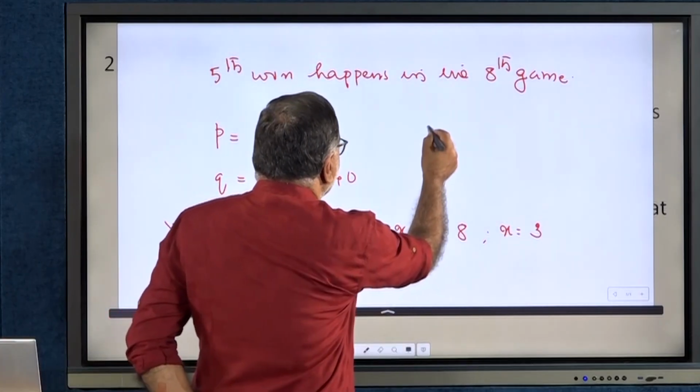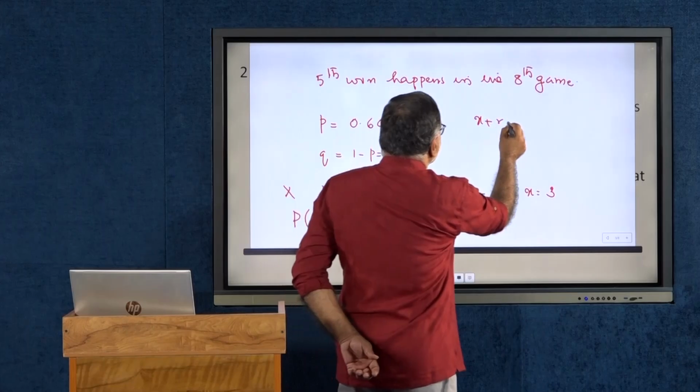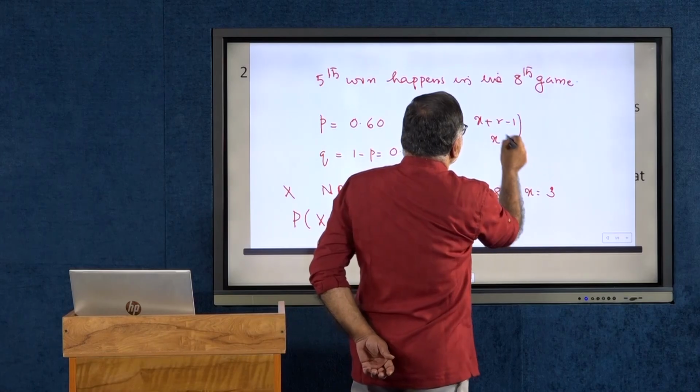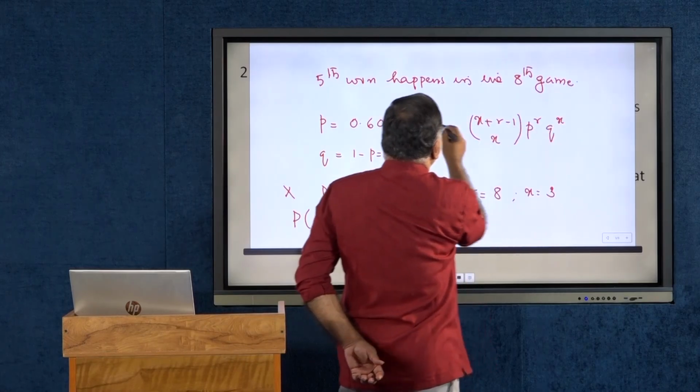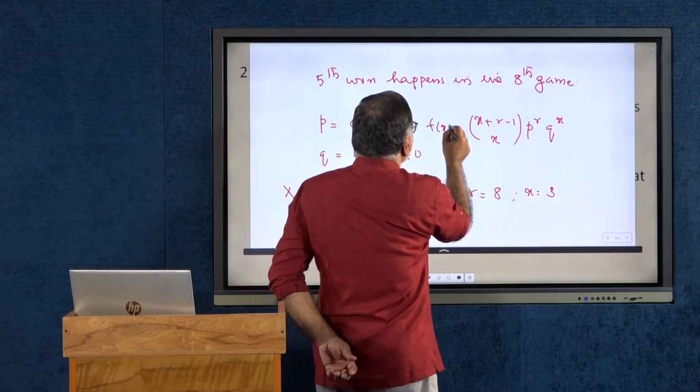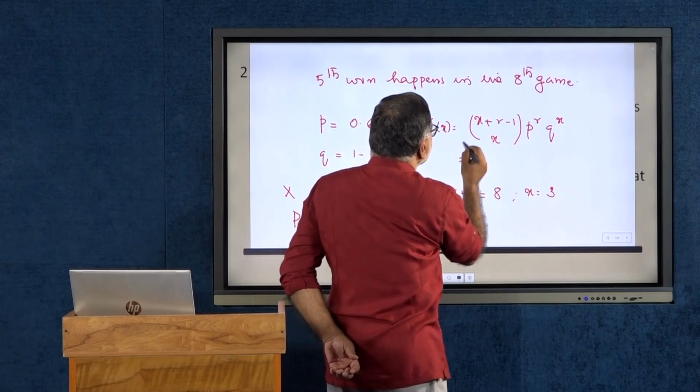So, x plus r minus 1 C x P^r Q^x is our f of x.